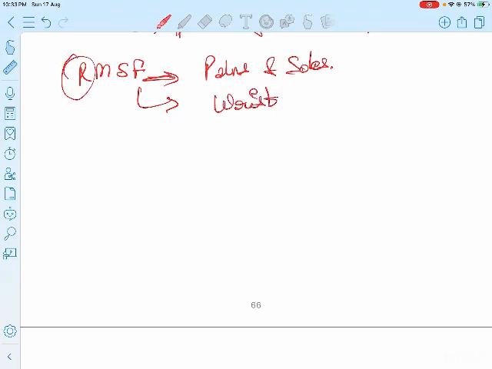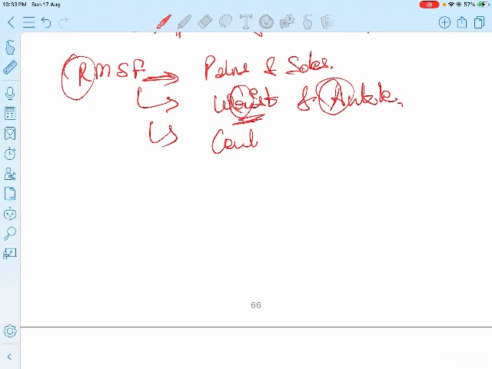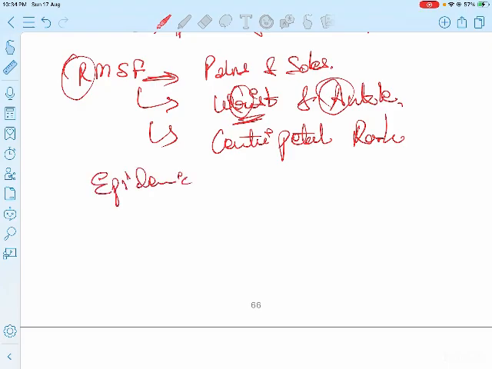Wrist is pronounced with R in its pronunciation, so we can remember it for Rocky Mountain spotted fever. R for R, wrist and ankle are involved, and it's a centripetal rash, in contrast to epidemic typhus, which is a centrifugal rash.